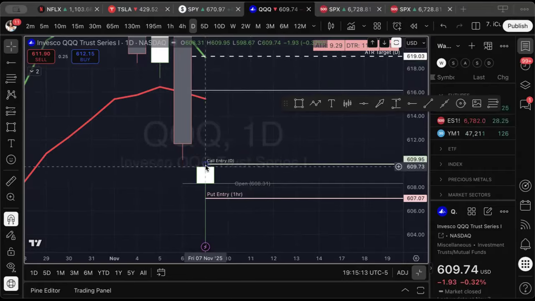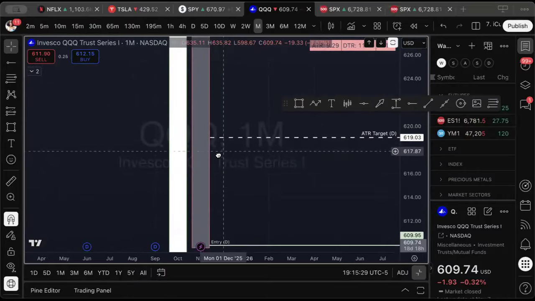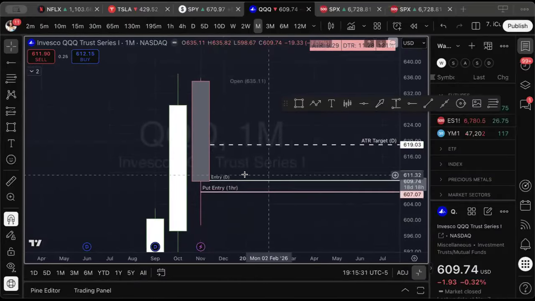So if we push up to 619.03 and I go to the monthly candle, where this close is sitting right here, it's going to push the current month up to like this.